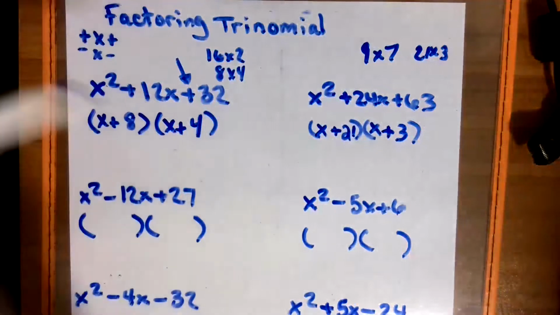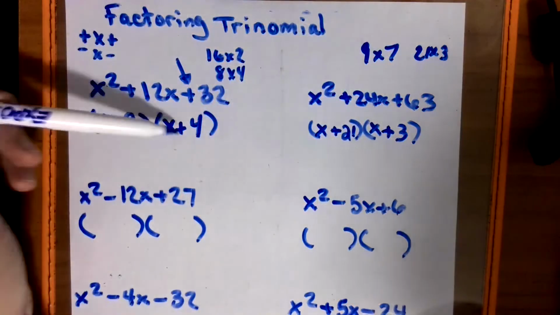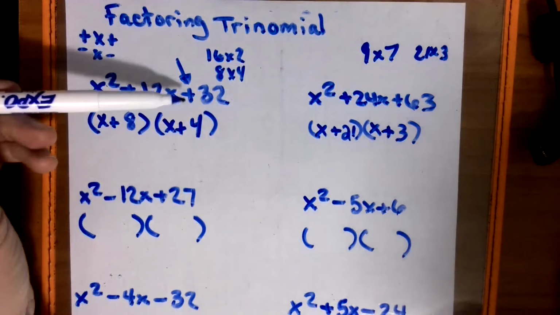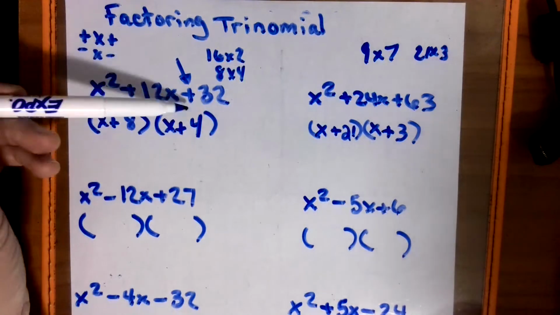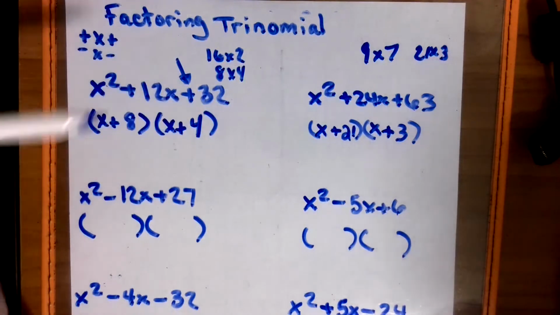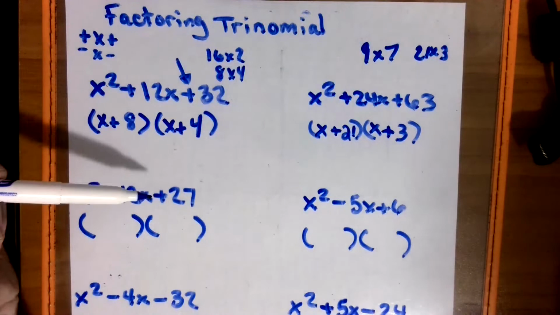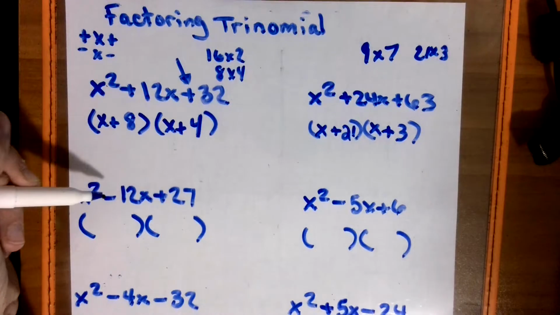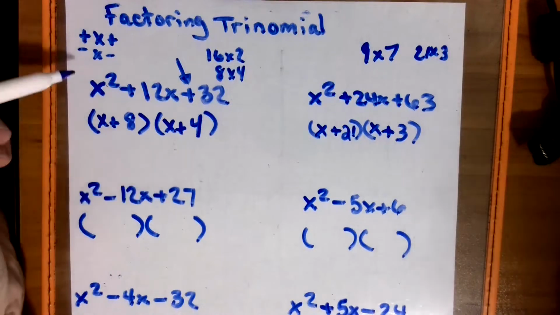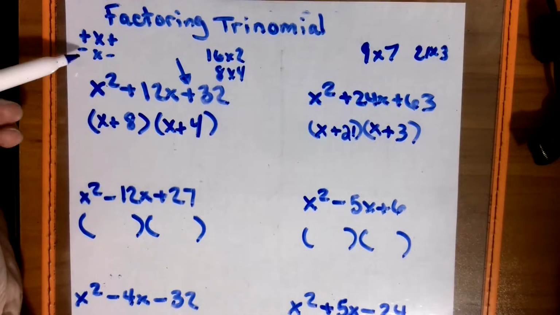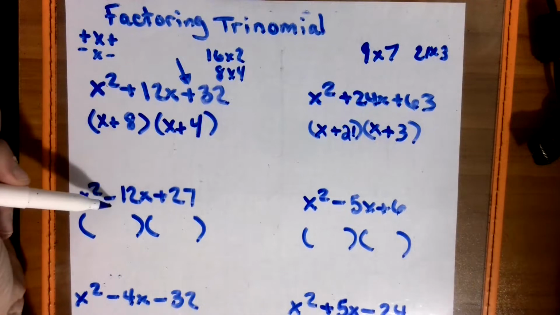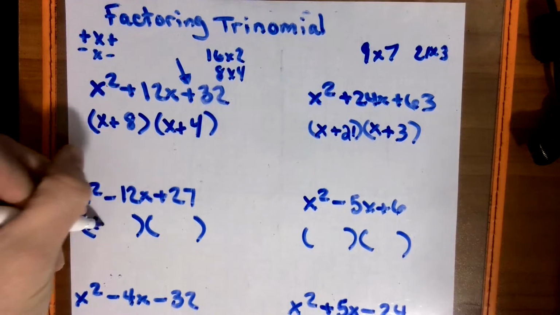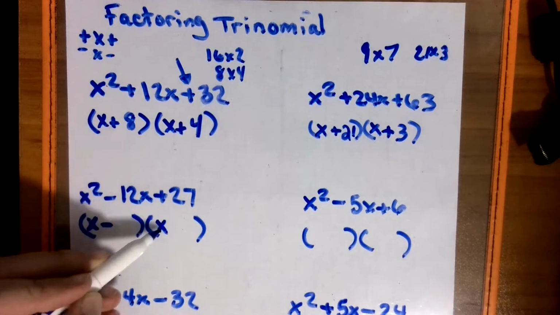Okay, so it's kind of an easier thing when they're both plus signs, because this is a positive, and what makes positive is two positives or two negatives. So here we have a positive, but in the center we have a negative. So what makes a positive? A positive times a positive, or a negative times a negative. The center term says it's negative, so that means we're going to have an x minus and an x minus.